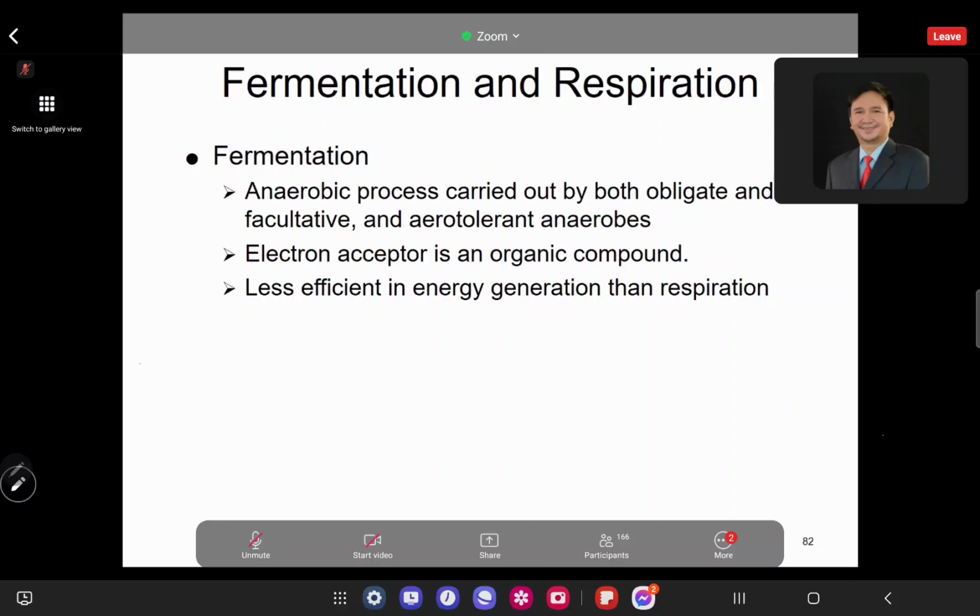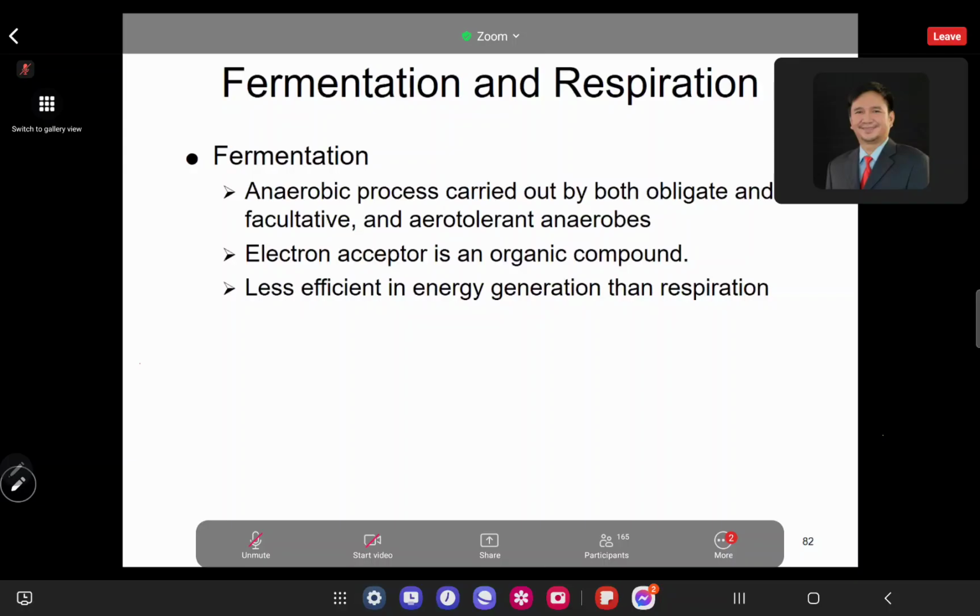How about fermentation? Is this an aerobic process or an anaerobic process? Anaerobic. It means we don't need oxygen for this process. Now, an obligate anaerobic organism cannot survive in oxygen, while a facultative anaerobe can grow in oxygen or without oxygen.